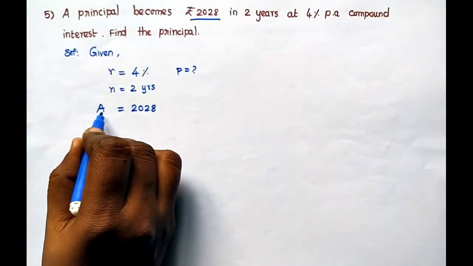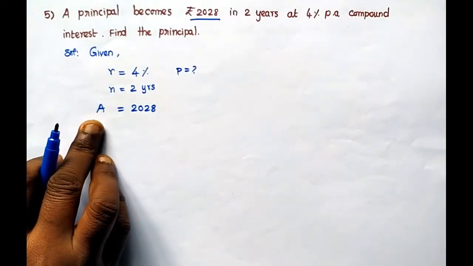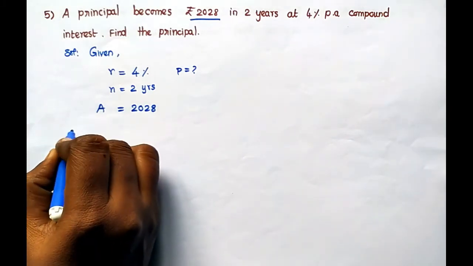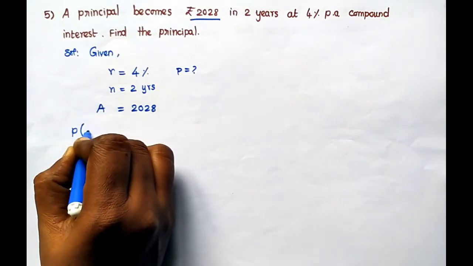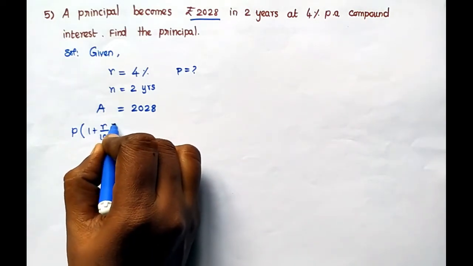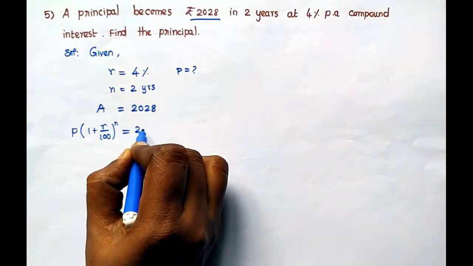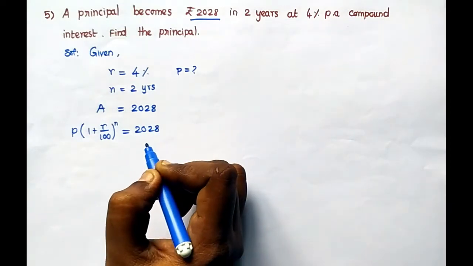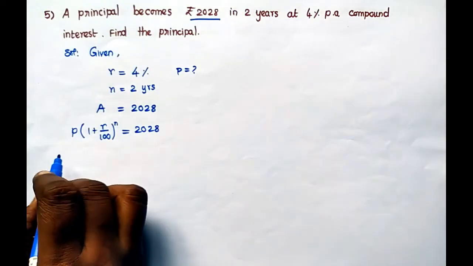So, what is the formula? Instead of amount, we apply the formula: P into (1 plus R by 100) power n equals 2028.